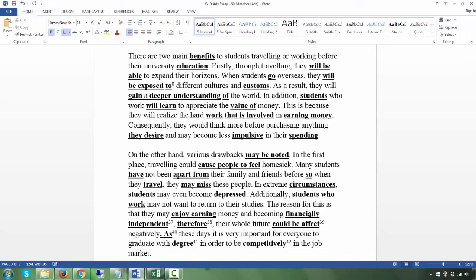Okay. This is an adjective, so you are using the adverb, which is ly, to describe the adjective independent. Therefore is an adverb. You do not use it like a clause. You do not link two clauses together. You put a full stop. Therefore, okay.